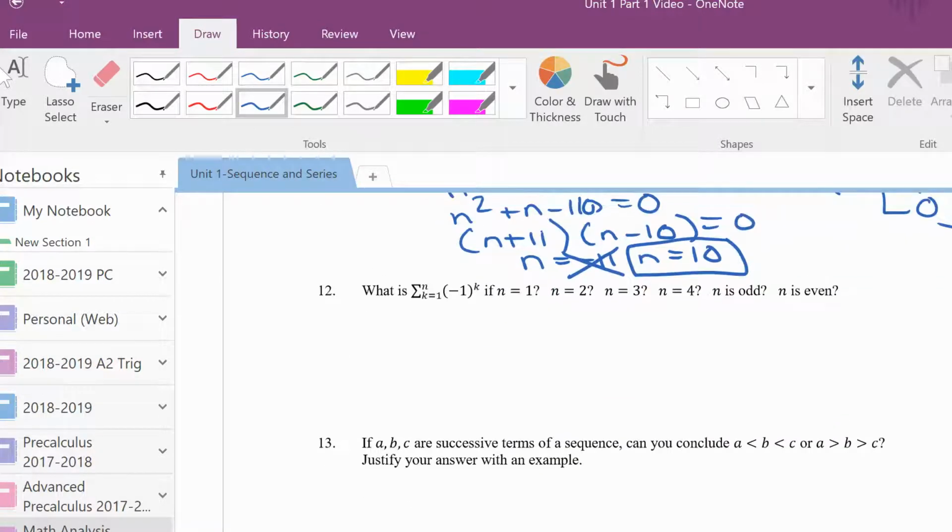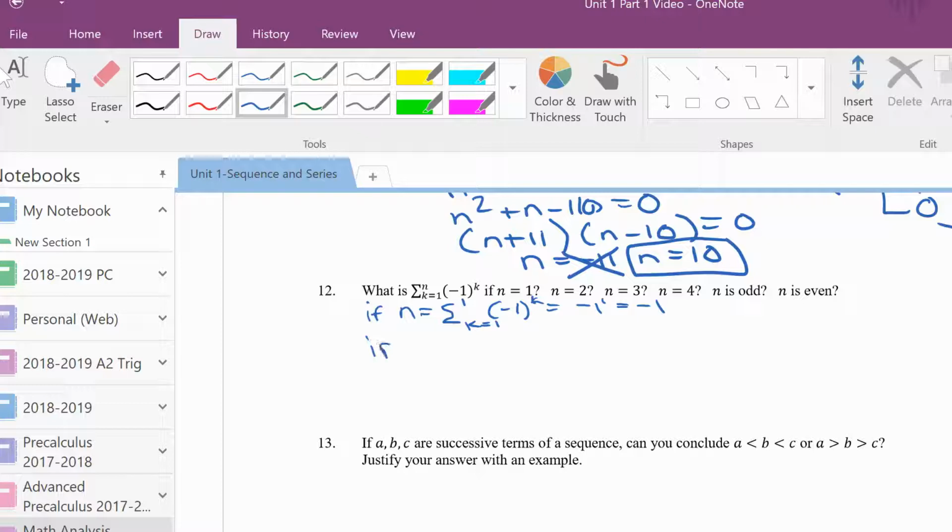So then the next question says, what is this series, the sum when we start with k equals 1 and we go to n of negative 1 to the k power? First, if n equals 1, then it's just negative 1 to the first, which is negative 1.